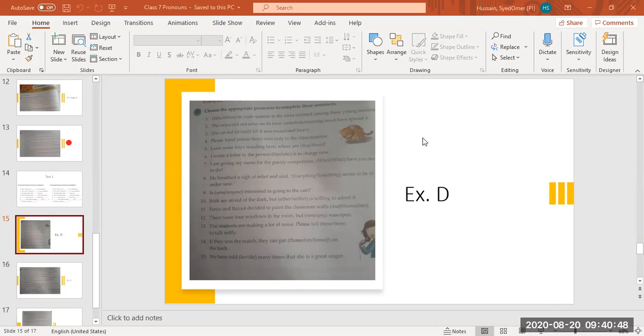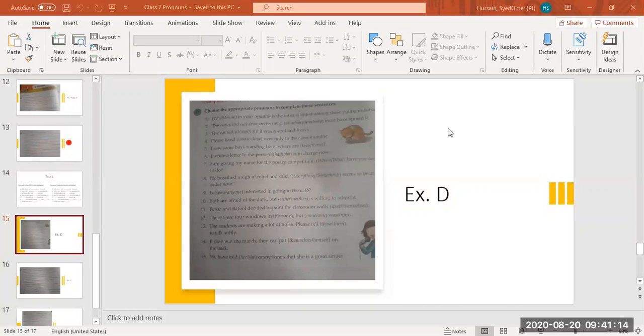Musaf. I saw some boys standing here. Where are they? They. Correct. Number six: I wrote a letter to the person who is in charge now. Who. Correct.